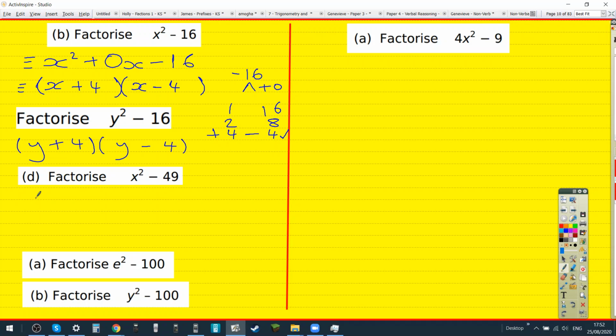Okay. So square root of 49? 7. Yep. So x plus 7, x minus 7. Well done. Next one.